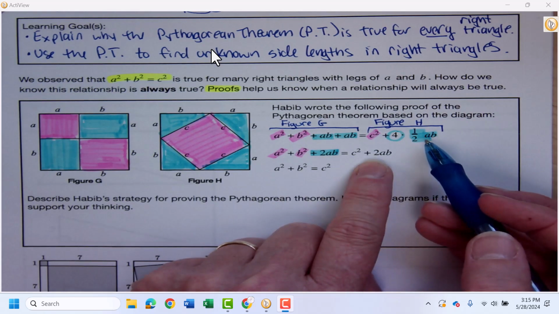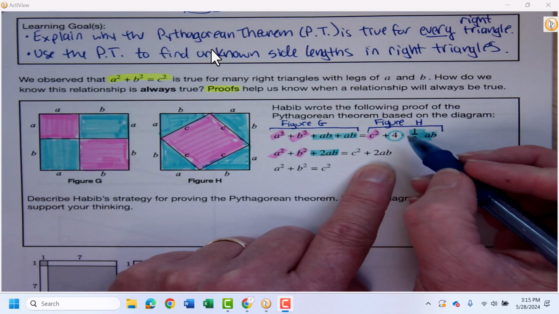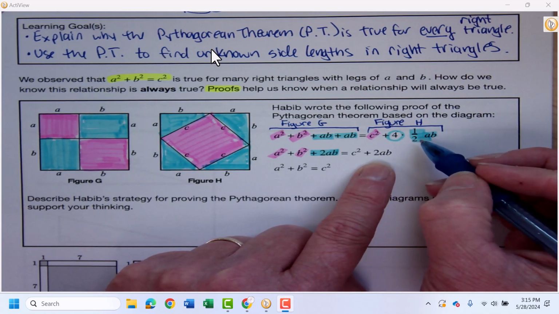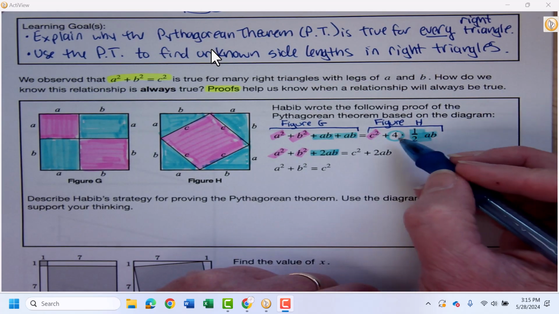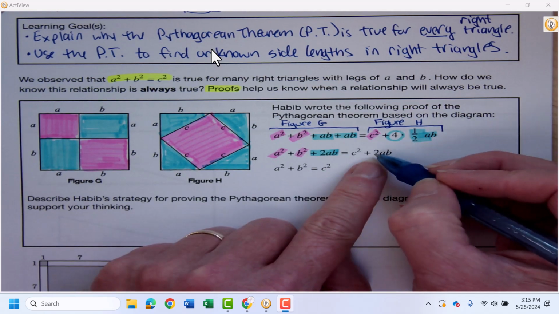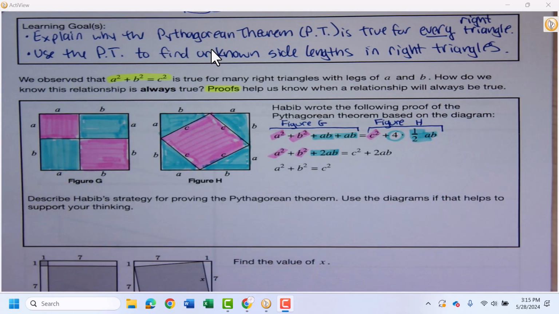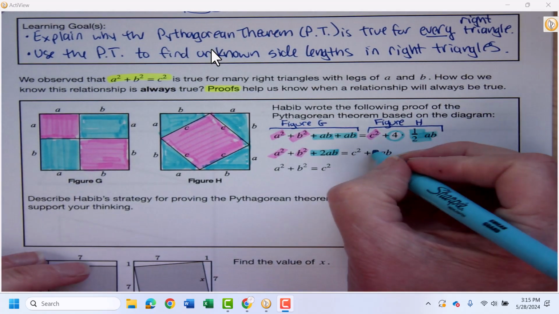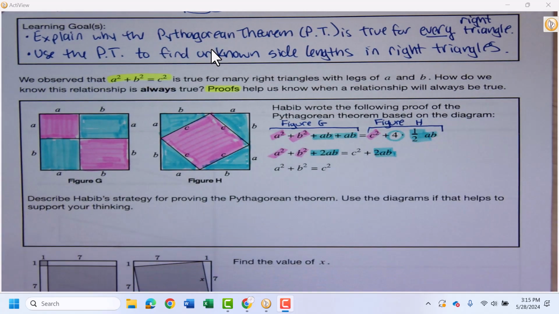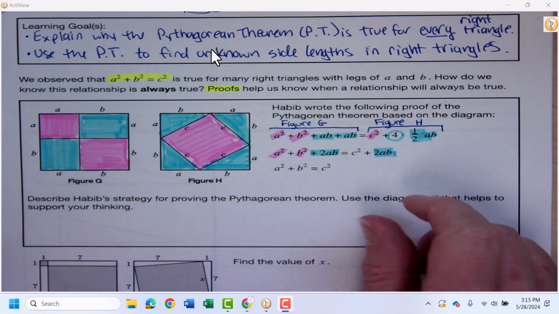On the other figure, we had C squared. And if we were to simplify this, our four triangles, 4 times 1/2 is just 2 times A times B. So it looks like I have 2AB on both sides of this equation.